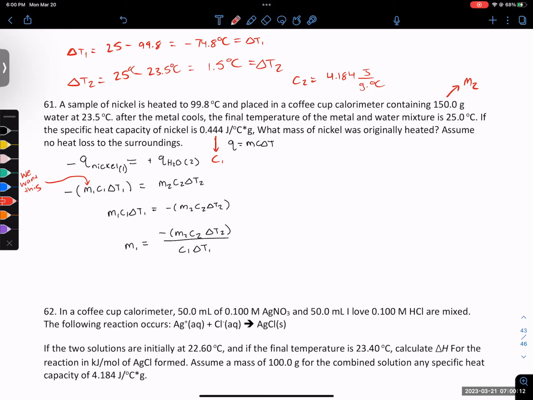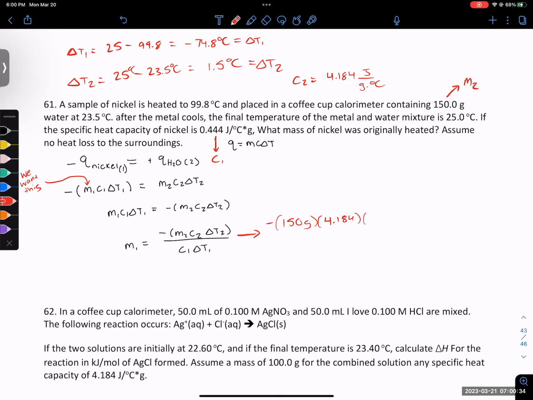So just plugging all that in, you should get 150 grams of water. We can't forget about our negative sign, which we'll put right there. Specific heat of the water, 4.184. You already know the units for that.